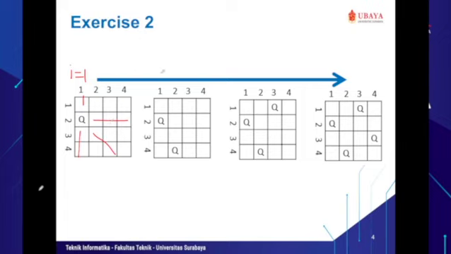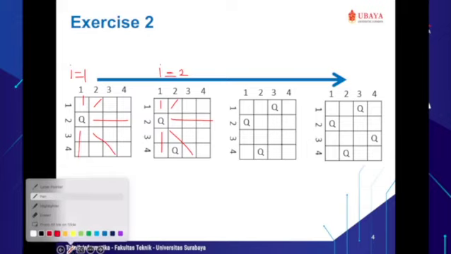Again, after this, the stage becomes i equal to 2, and here is the information that we already get. So in this case, we can only place the second queen on row 4 at column 2, this one.